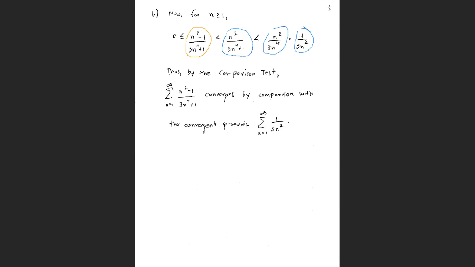So by the comparison test, our ugly series here converges by comparison with the convergent p-series. The convergent p-series is bigger, because its terms are bigger.